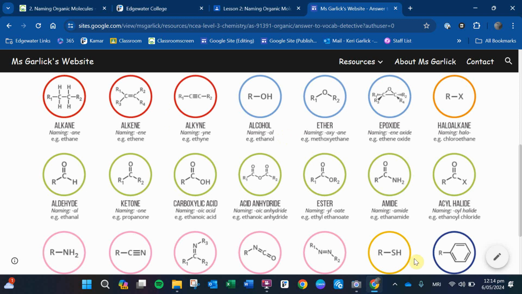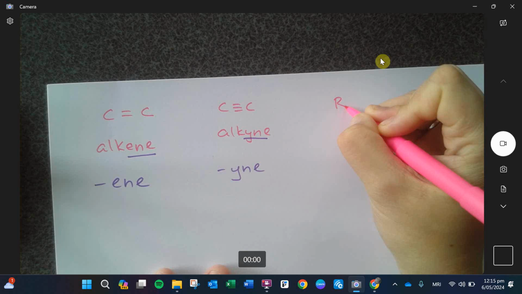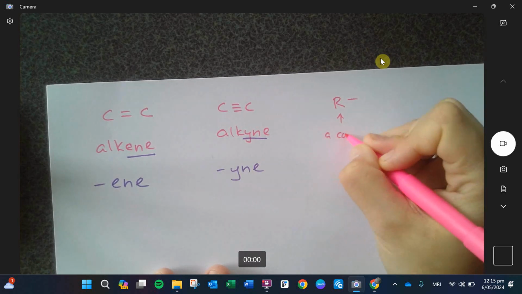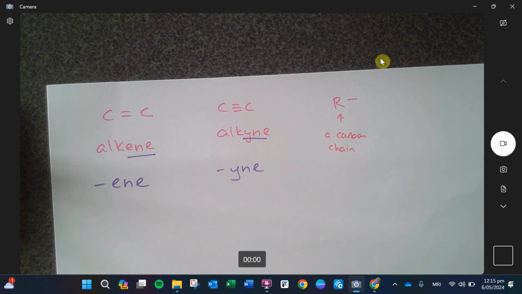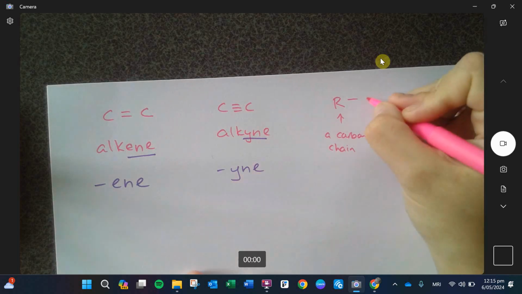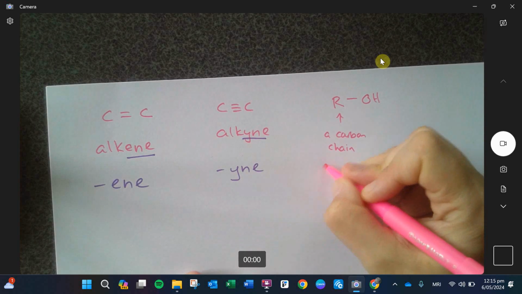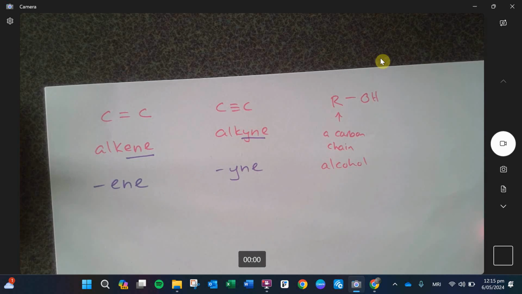The next one is an alcohol. So with alcohols, when you see R like that, that just means a carbon chain. It could be one carbon, it could be 5 carbons. It's just a placeholder to say there's a carbon chain somewhere here. Now with the alcohol, it is an OH and only an OH component. That is your alcohol. You have two choices in how you name alcohols.